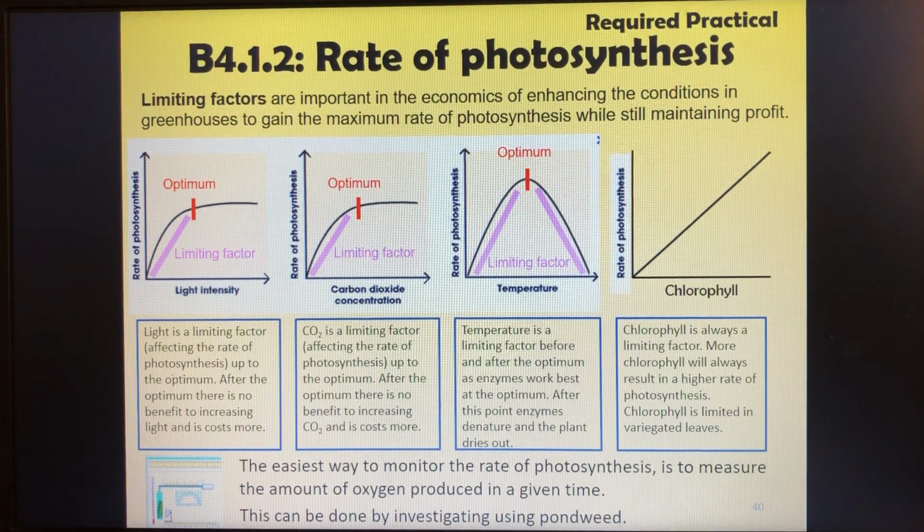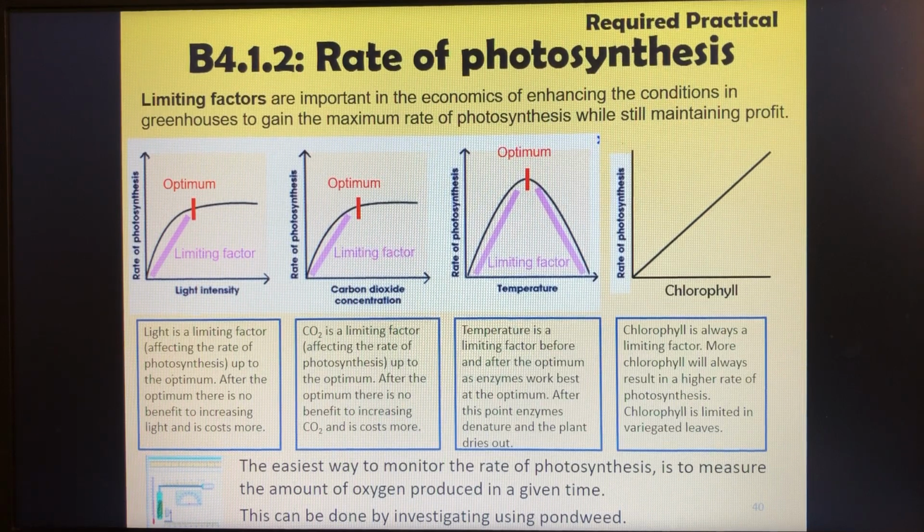So light is a limiting factor affecting the rate of photosynthesis up to the optimum. After the optimum, there is no benefit to increasing light and it costs more. It all comes down to cost. We're trying to maximise plant growth, maximise photosynthesis without spending lots of money in doing that.